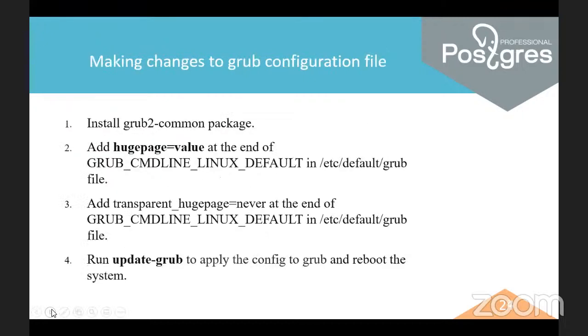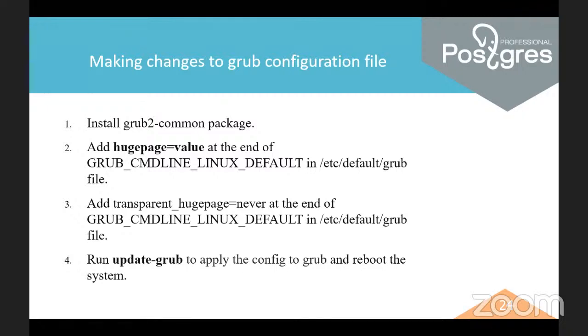What can we do? In fact, I must say that I provide commands for the Ubuntu operating system. However, many tips can be used on Linux-based systems. But in this presentation, I decided to do it for Ubuntu. First of all, we must install the grub2 command package.